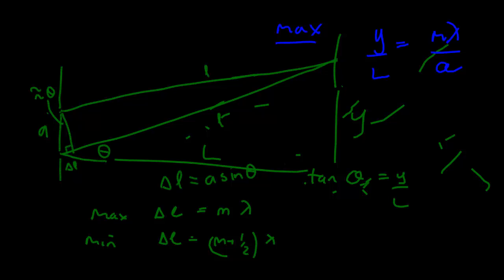That means you're going to have maximum interference for this distance y when this condition holds. And for your minimum, you'd use this here: y on L has to be m plus a half times lambda over the slit width.